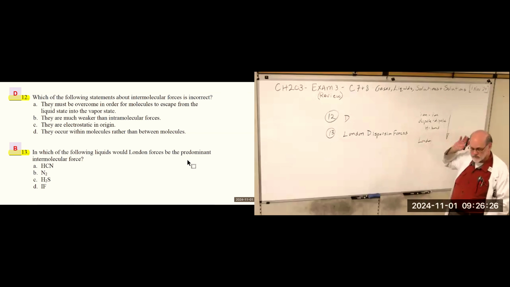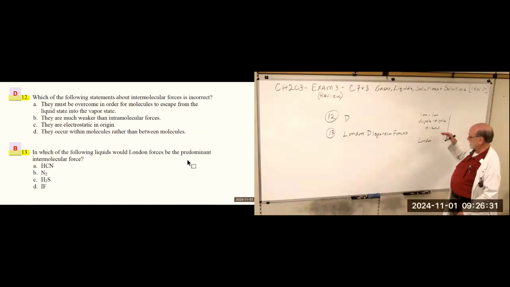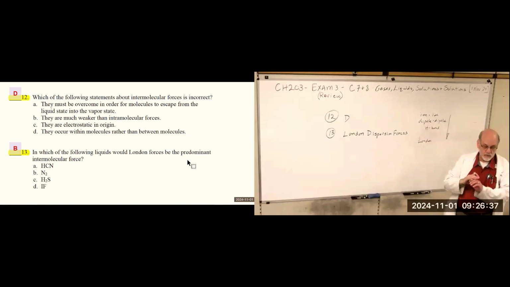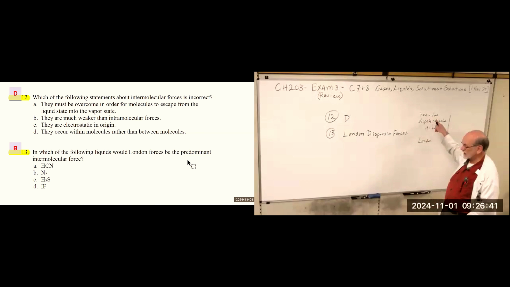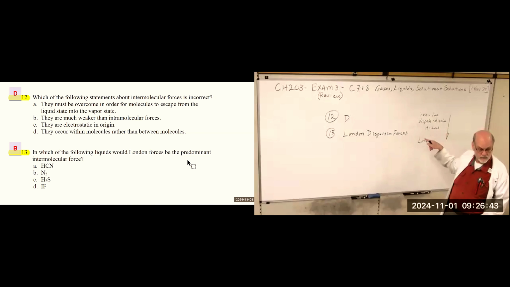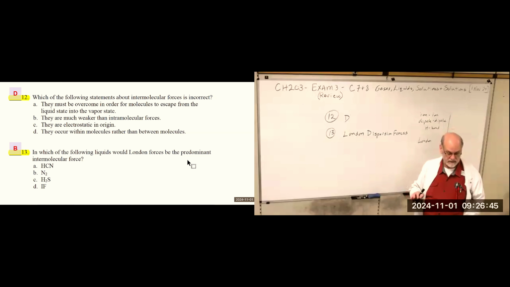So the London forces are always there. They're always there, whether these are there or not. If these are there, then they're so strong that London dispersion forces are too weak to matter. But if these are missing, then the London dispersion forces become important. The only way that attractions can occur.